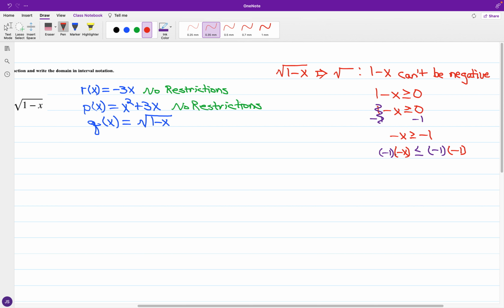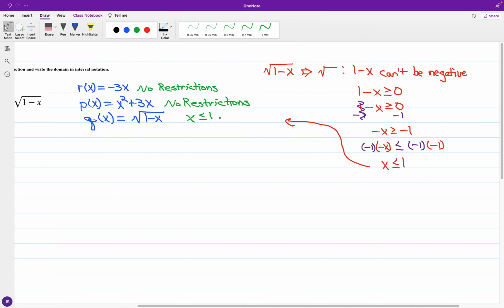So transitioning from negative to positive x, we'll have that x is less than or equal to 1. So while r of x and p of x do not have restrictions, q of x, on the other hand, is going to have a restriction that x is less than or equal to 1.